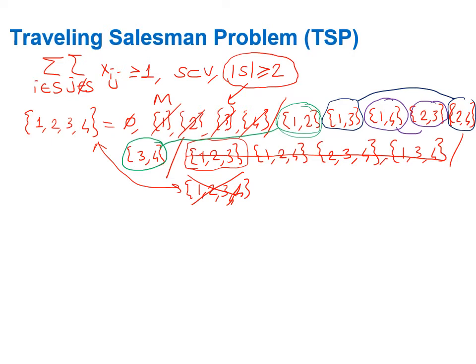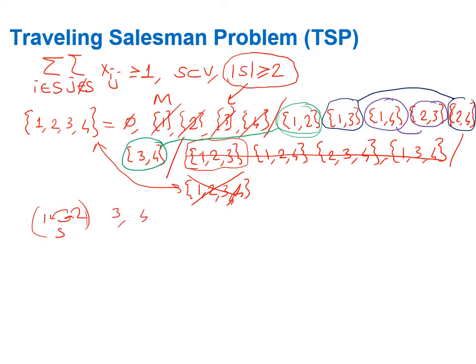What are they? Let's consider this case. 1 and 2, there is a subtour between them, and this is our set S. And we have the other cities, which are 3 and 4.